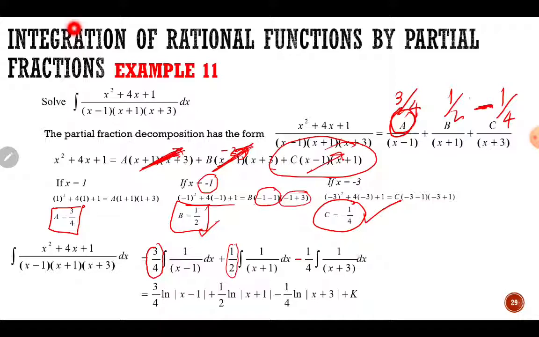And as I said, integration of 1 over linear function automatically dia akan keluarkan ln. Jangan lupa letak modulus. Okay, so this is the final answer. Then we have 3 over 4 ln x minus 1 tambah 1/2 ln x plus 1 minus 1 over 4 ln x plus 3 dan tambahlah constant.